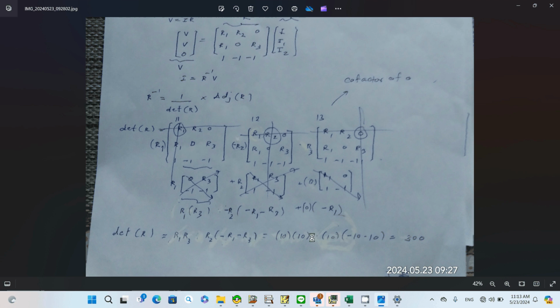Alright, don't get confused. So you have R1, R2, R3, they are equal to 10 ohms. So you have 10 multiplied by 10, and then minus, sorry, this is the minus sign here, I dropped it. So you add them up, this gives you 300. That's the determinant of R.